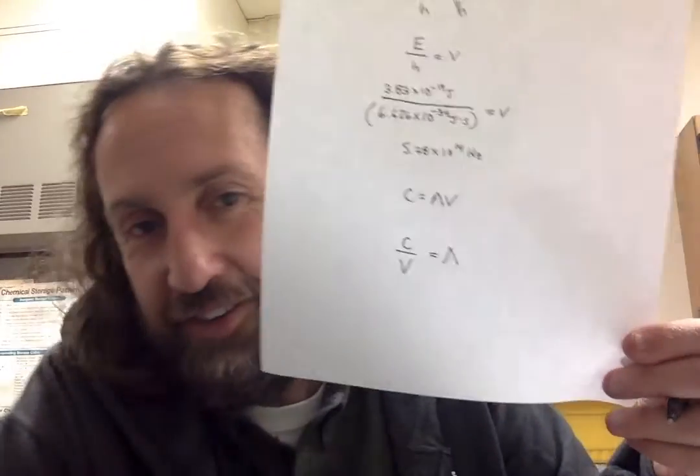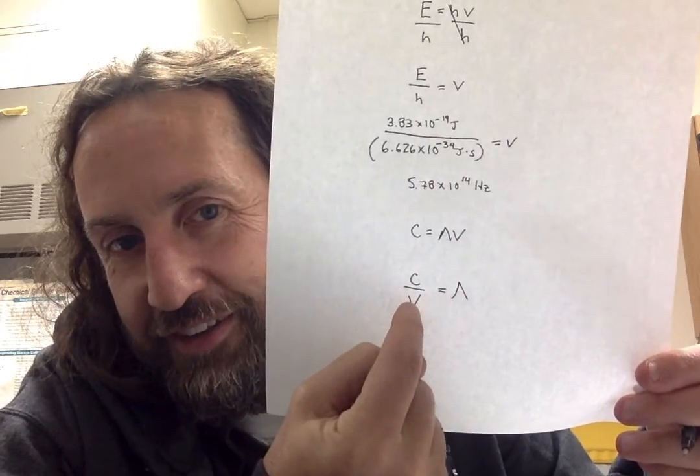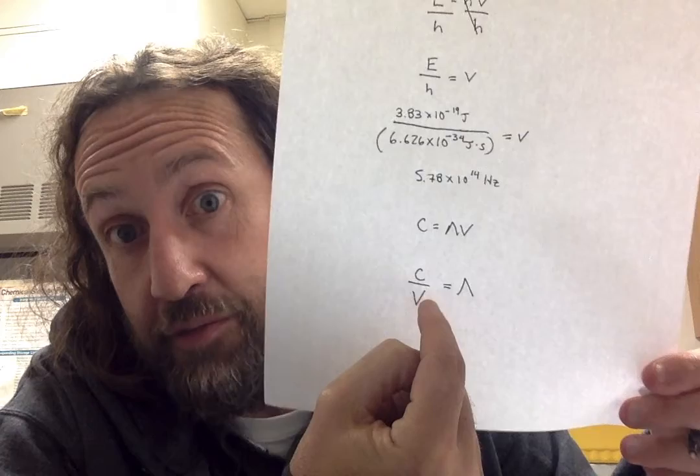So I take 3.00 times 10 to the 8th divided by the frequency, 5.78 times 10 to the 14th hertz, and that gives me 5.19 times 10 to the negative 7th meters, or 519 nanometers.